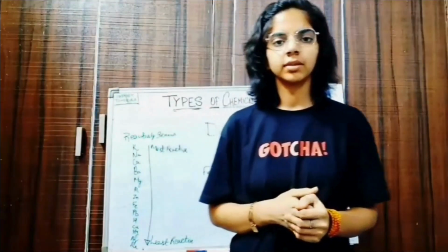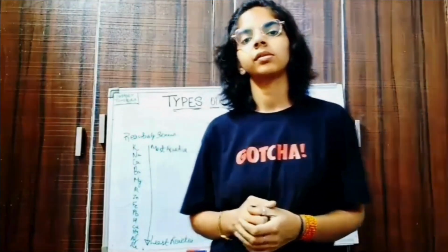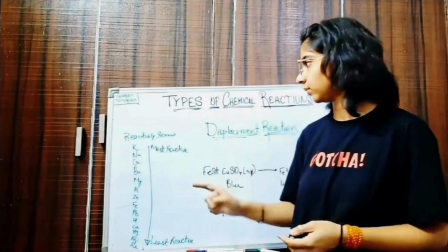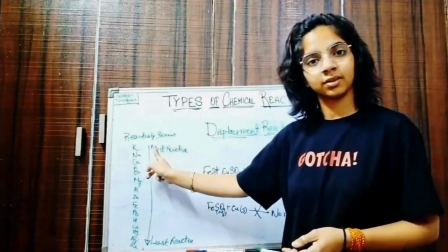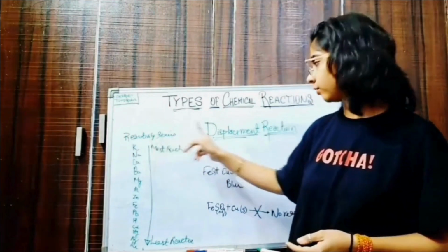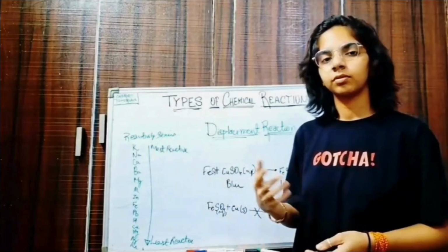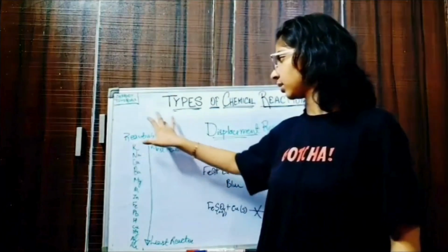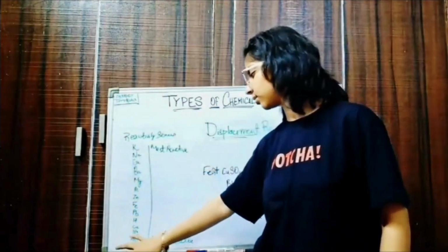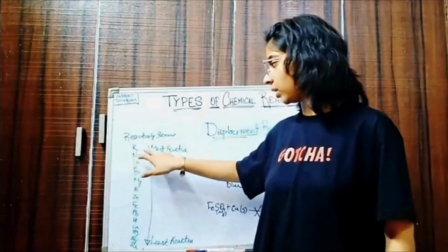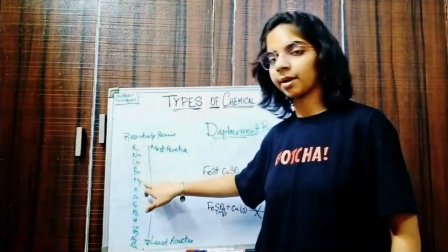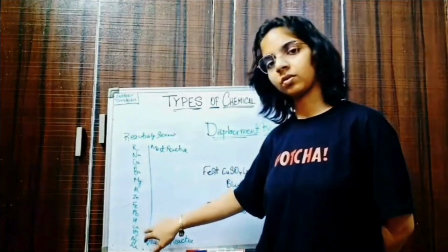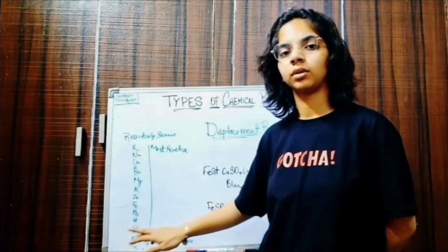So now we will study and see some examples about the displacement reaction. For the displacement reaction, one very important thing is reactivity series. It is very important for the displacement as well as for double displacement also. See, in this reactivity series, there is a list of these elements: potassium, sodium, calcium, barium, magnesium, aluminium, zinc, iron, lead, hydrogen, copper, mercury, silver and gold.